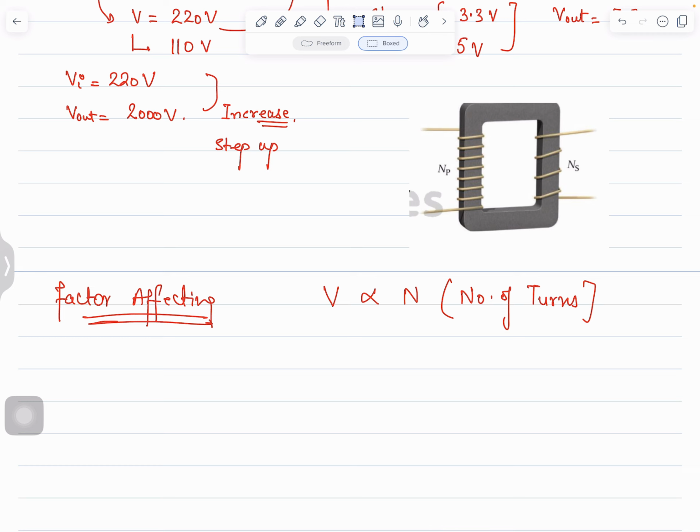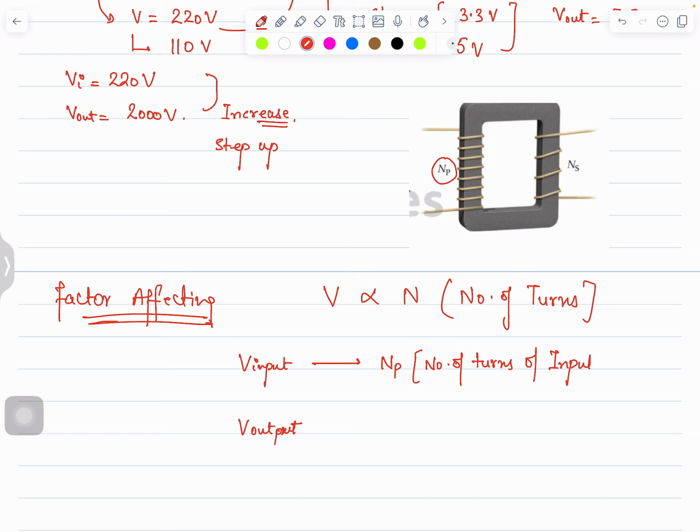What you need to understand, guys, is a very simple thing. There are two types of voltage: first is V input, and V output. Similarly, V input depends upon the number of turns of input, that is your NP, number of turns of input, or sometimes we call it the primary coil.